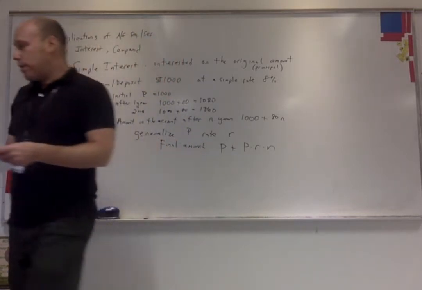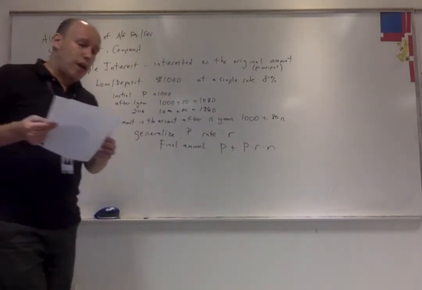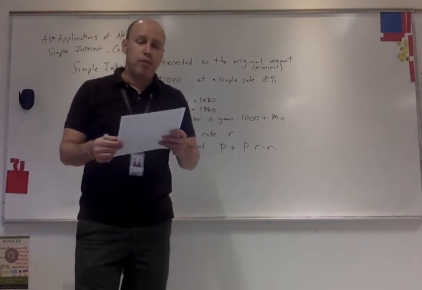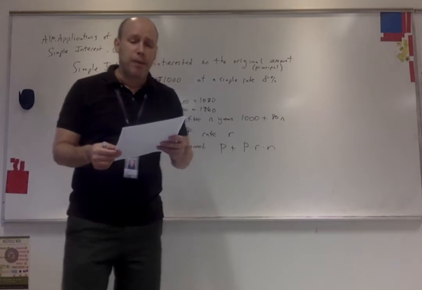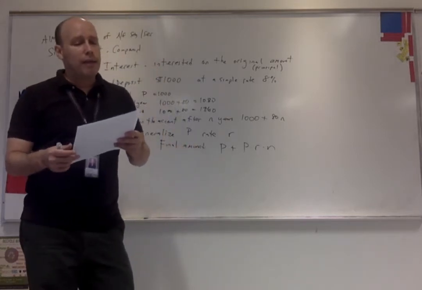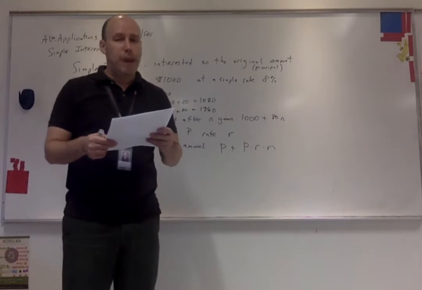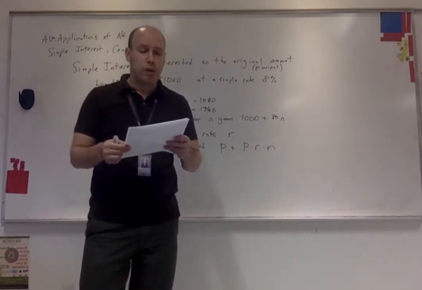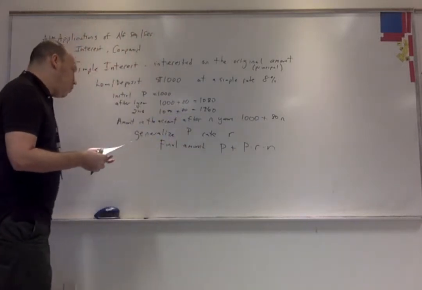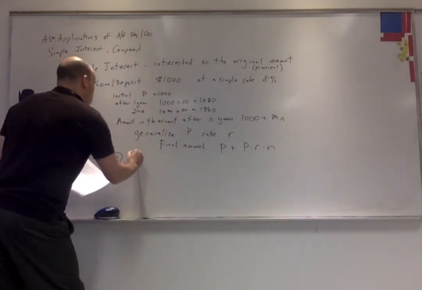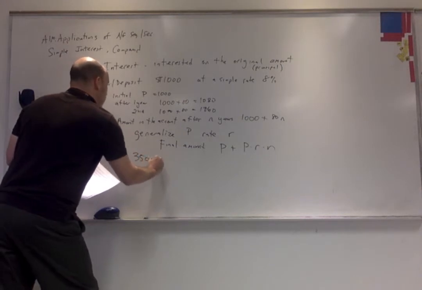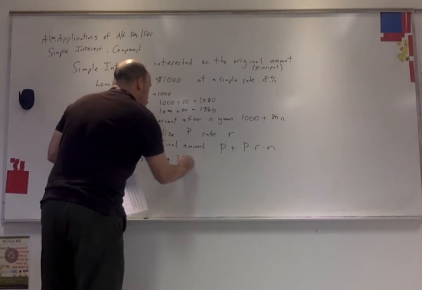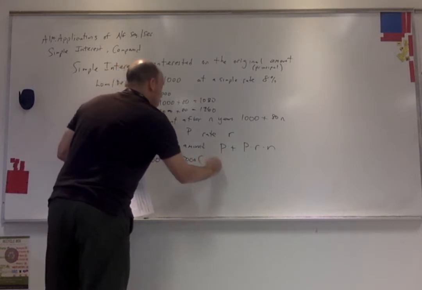So let's look at the first example on the sheet. Sebastian took out a loan for a new car that cost $35,000. The bank offered him 2.5% per annum, simple interest for 5 years. Calculate the total value Sebastian has to repay the bank. The first thing you want to do is underline the words simple interest. We're starting out with $35,000. I know that each year it's 2.5%.